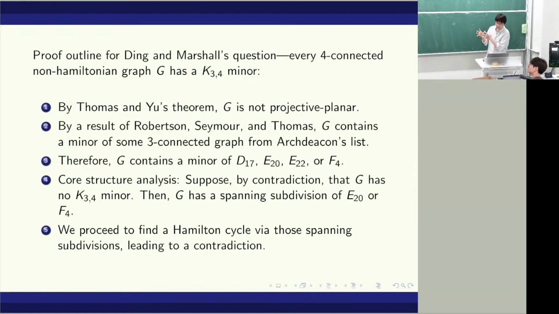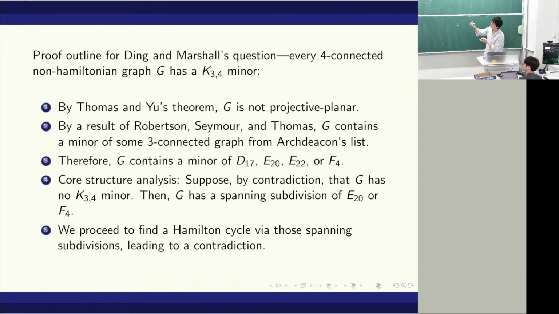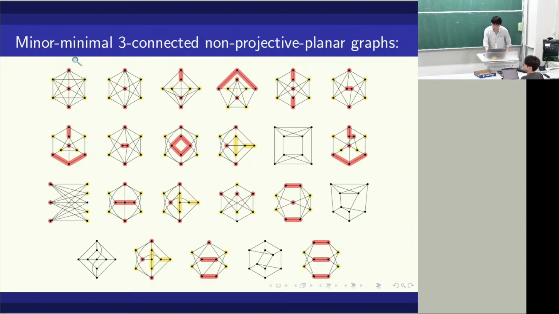Then if we additionally know that this graph is three-connected, then Robertson, Seymour, and Thomas proved that the minor is not only from Archdeacon's list, but it is a three-connected graph from the Archdeacon list. So here is the list of Archdeacon, and here are only the three-connected ones.